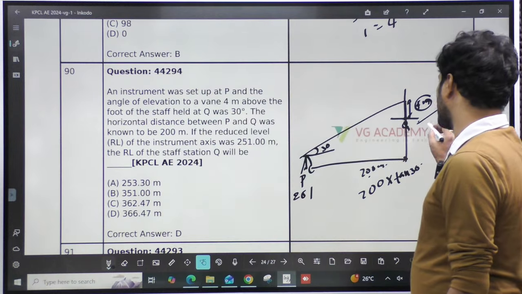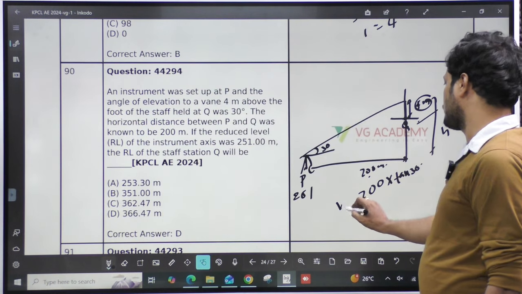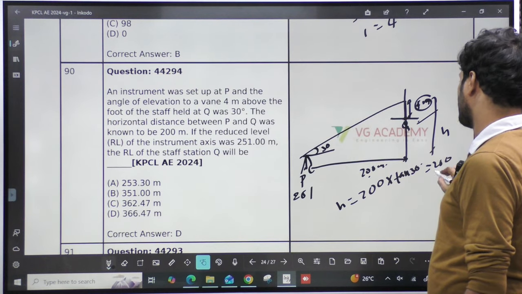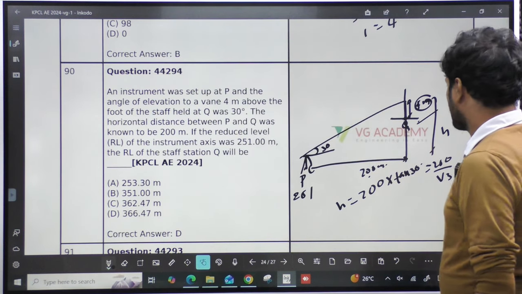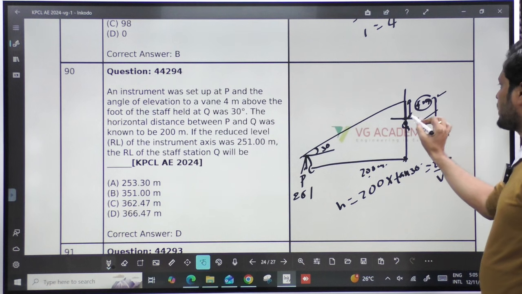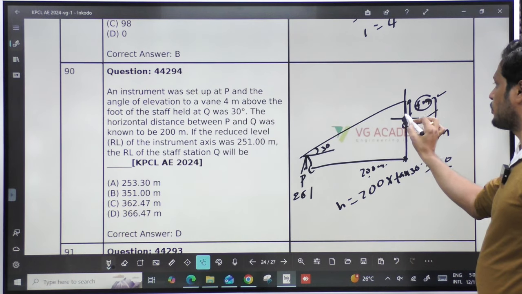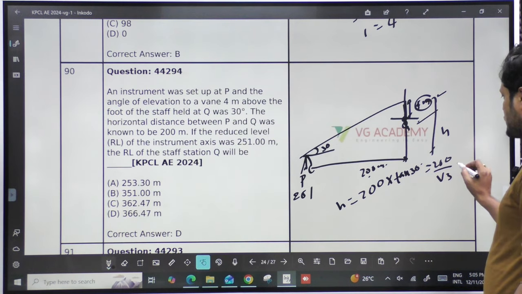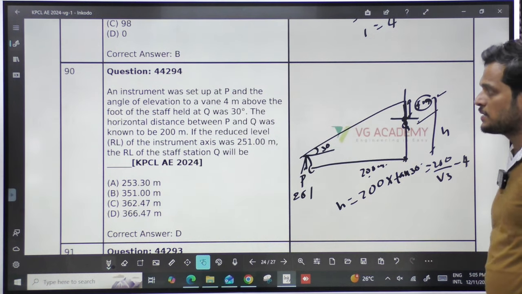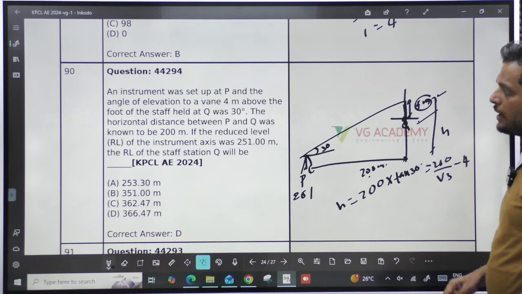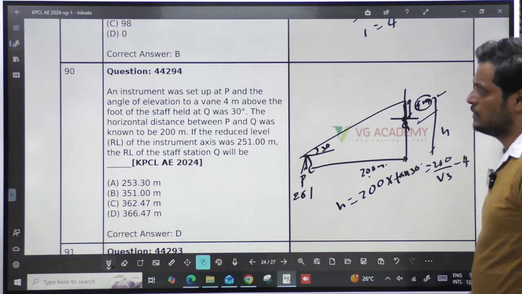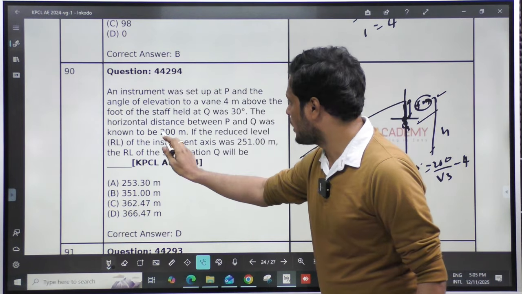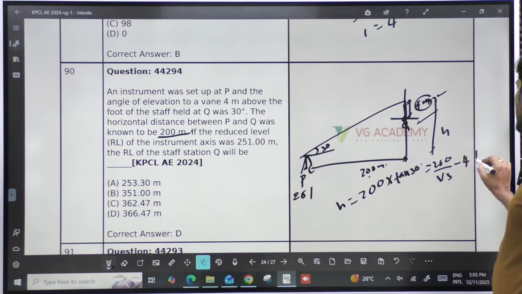Let me call this vertical as H. So H is equal to 200 tan 30, so 200 by root 3. In this we have to subtract 4 meters because we have to calculate till the foot, not the staff height. And finally what we have to find is not the height but the RL, so we have to add the RL of P.